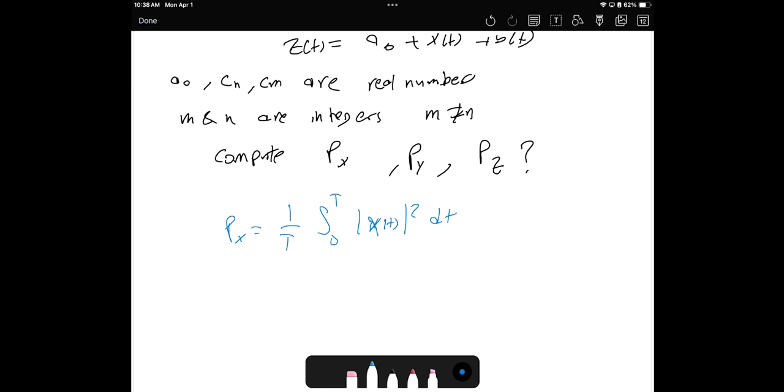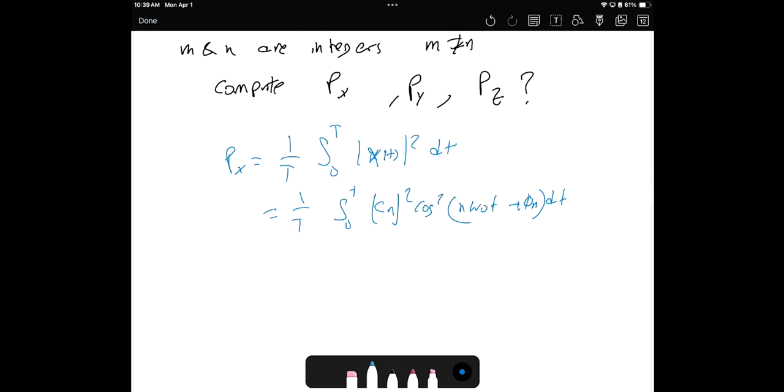There's no sum, there's no Fourier series, so let me try the time domain. Substituting x, it is 1 over T, the integral from 0 to T, the magnitude of Cn squared, cosine squared of n omega naught t plus phi n, dt.